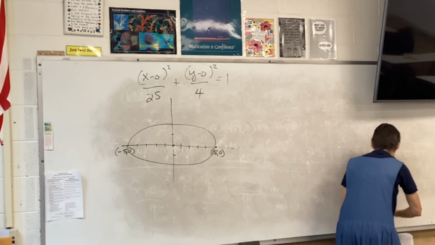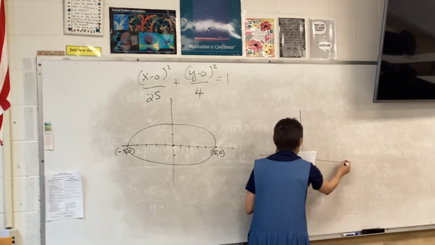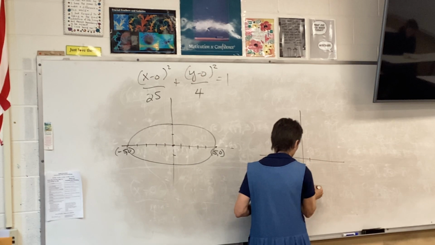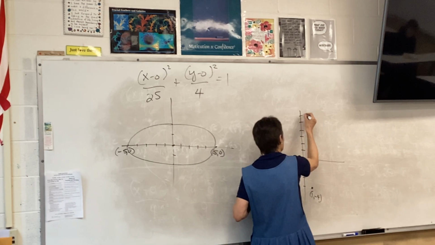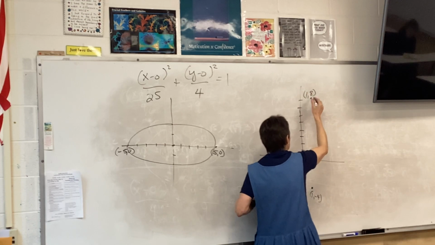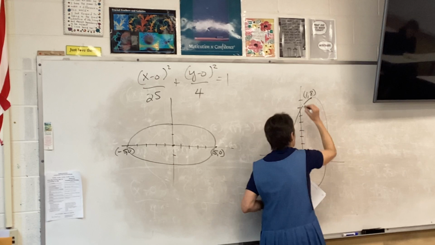It says, okay, major endpoints are at 1, -4, and 1, 8. These are the major endpoints.